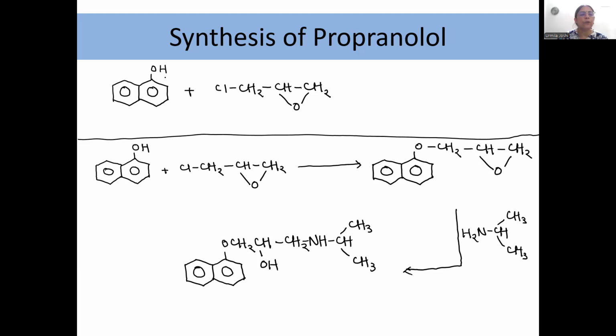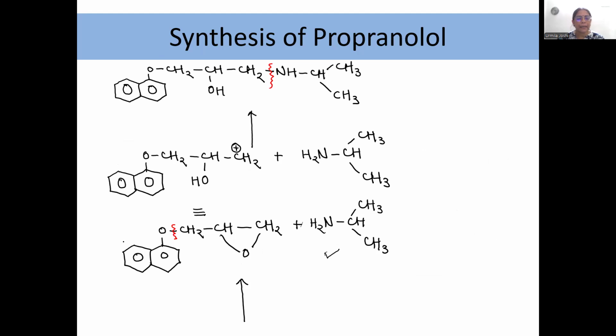They can easily lose a proton. When they lose a proton, O minus will be formed. This O minus can attack over here because this bond is highly polarized. The electrons are towards chlorine, so O minus can attack over here, and the substituted ethylene oxide will be formed.